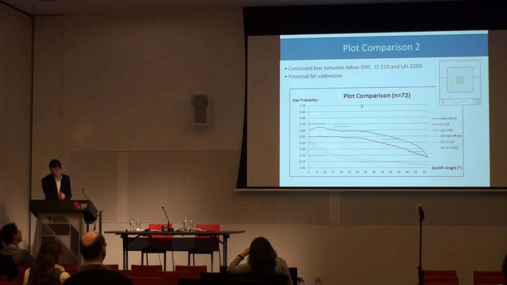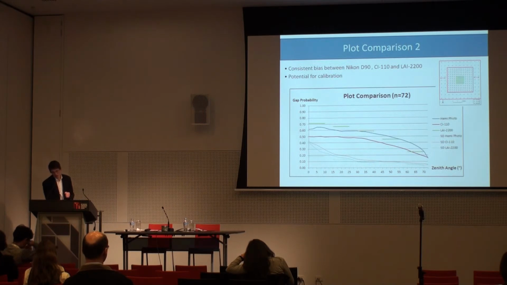So when we increased our sample size and swapped the LAI 2200 for the terrestrial laser scanner, because it's just not feasible to scan 72 points in a forested environment in a feasible period of time, this comparison here was the three instruments measured at exactly the same point at the same time, or just after one another, and 72 points were measured.